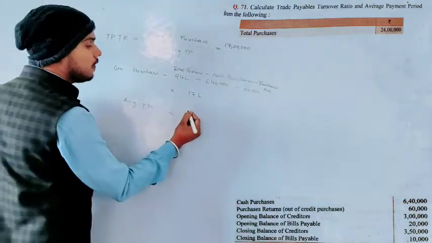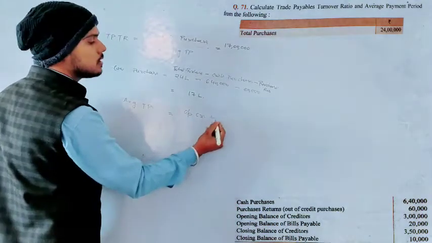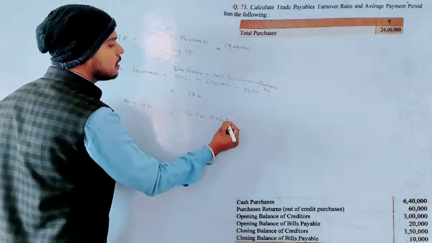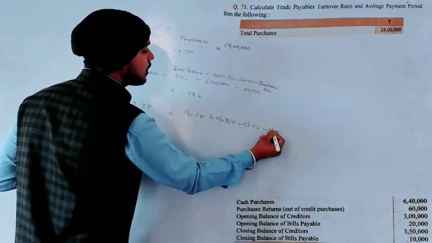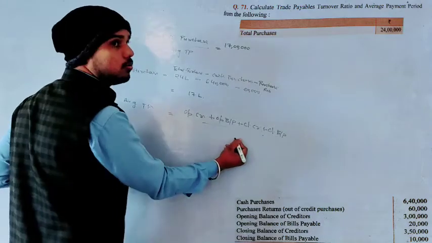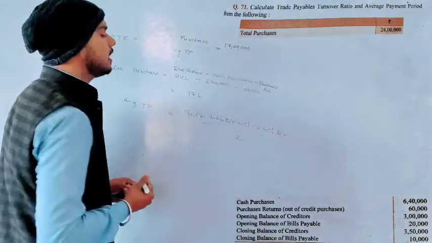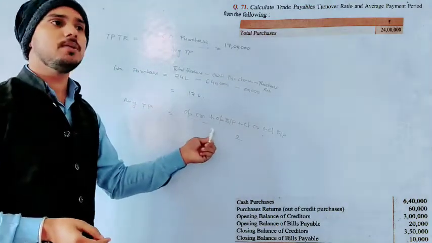So we will take opening creditors plus opening BP plus closing creditors plus closing BP, divided by 2, right? Because opening creditors plus BP will be our opening trade payable, right?